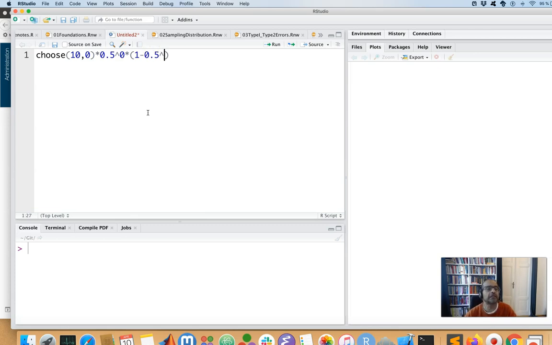And what I've done here is computed the probability of observing 0 heads. And that's this number here.